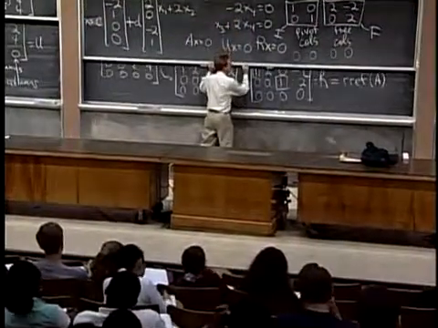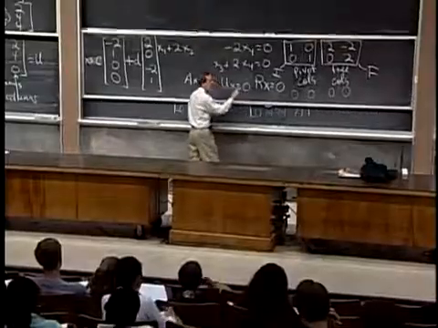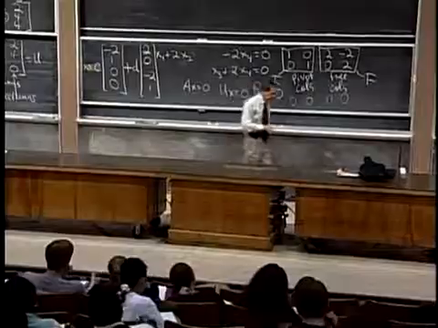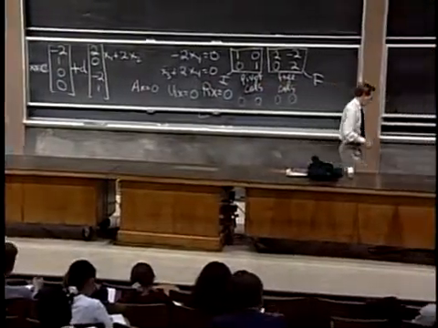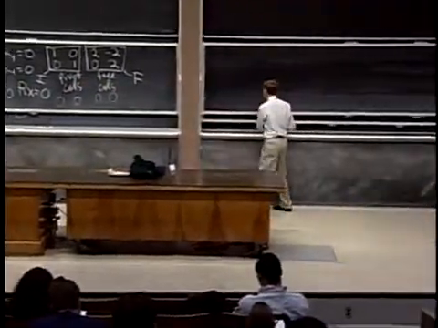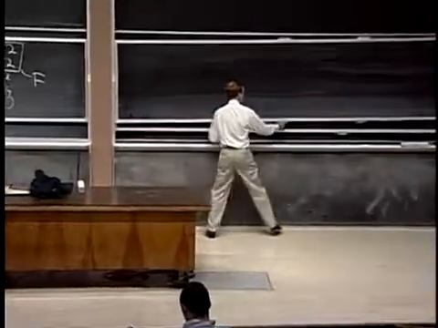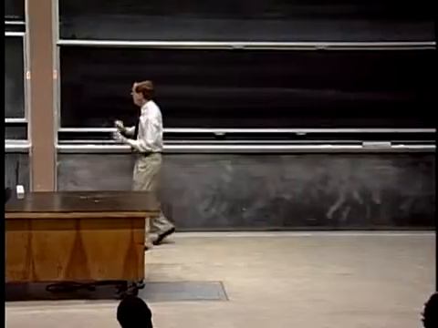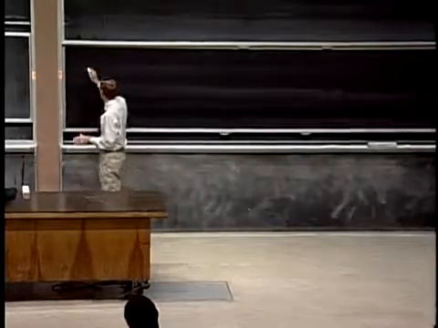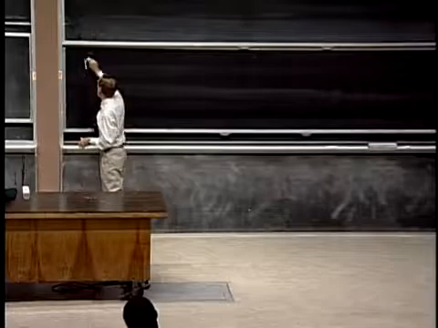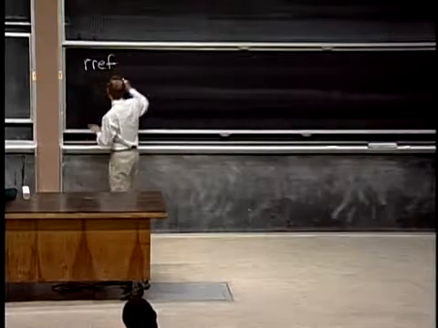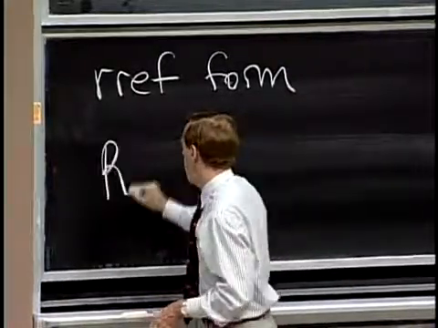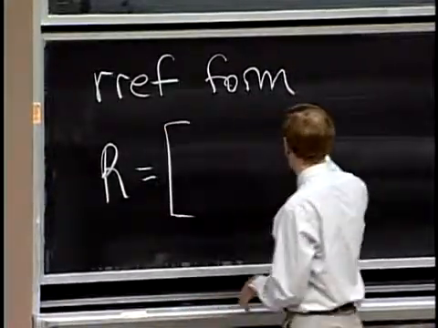Okay, so this is what I'm interested in here. Let's suppose we've got this system already in its RREF form. So my matrix R, what does it look like?